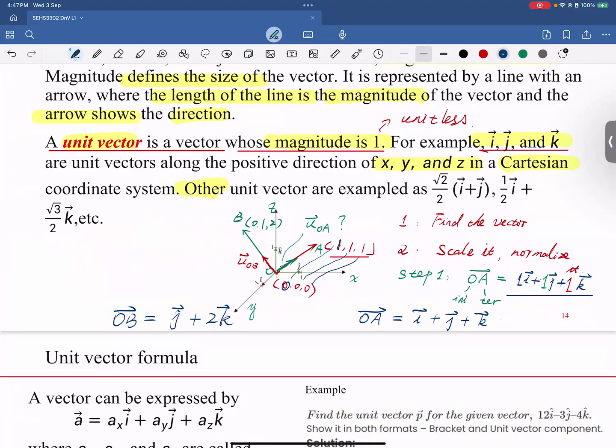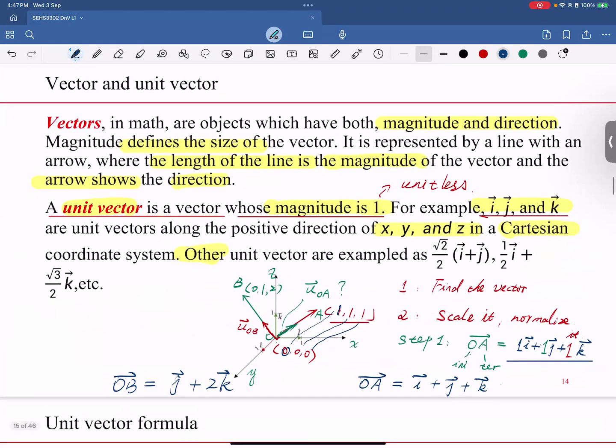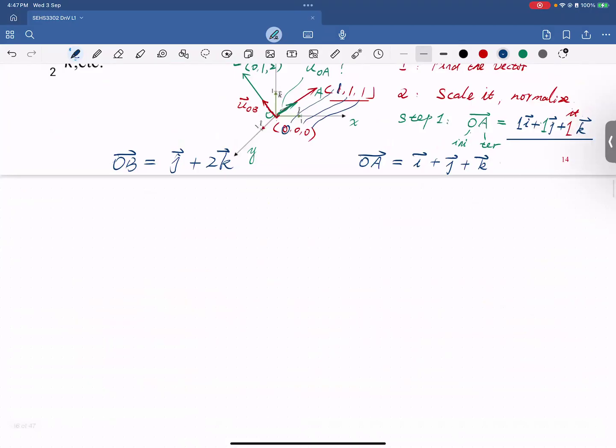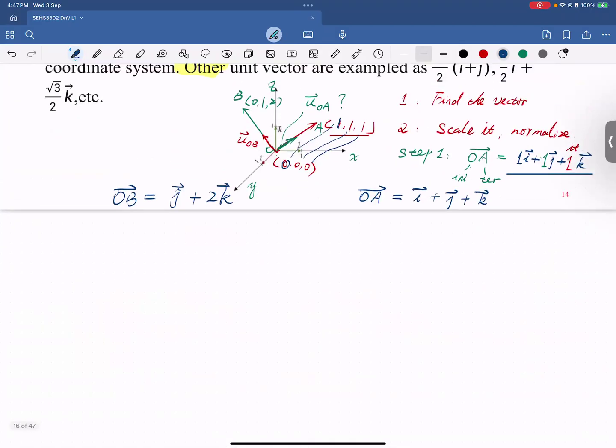We have so many vectors, and for each vector, we can find its unit vector. How to find it? First step, we need to find out the magnitude of such a vector. So the magnitude of OB, we just use OB without the arrowhead on it.